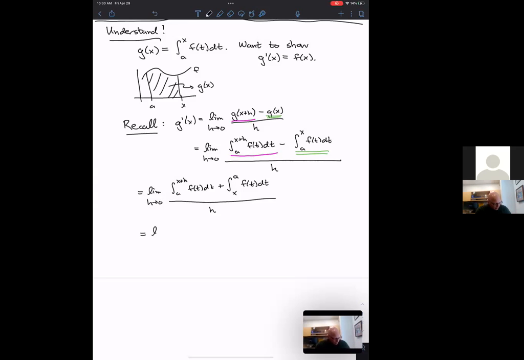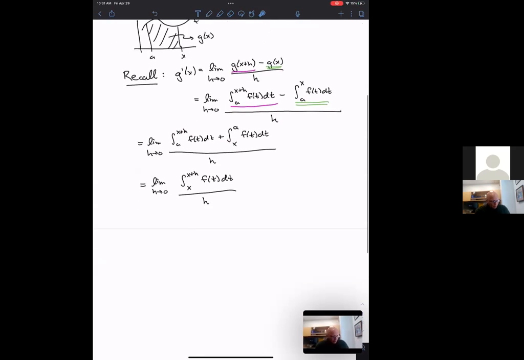So this is the same as the limit as h approaches 0 of the integral from x up to x plus h, f of t dt, all over h. Again, this is one of those properties of integration, right? x up to a plus a up to x plus h. These a's are the same, which means I can combine these into one integral now from x up to x plus h.